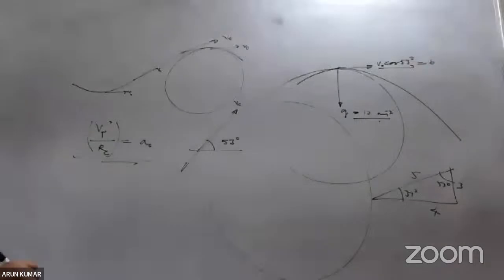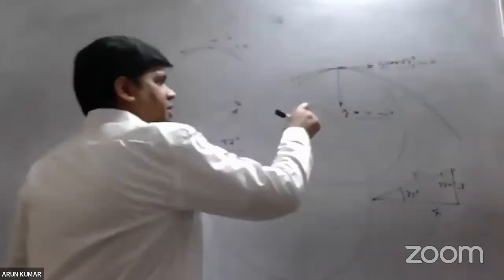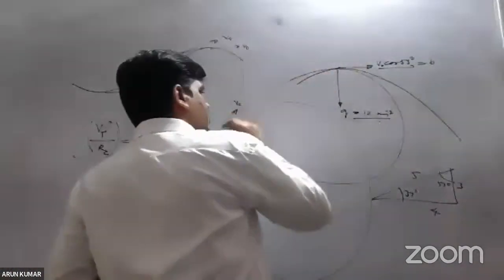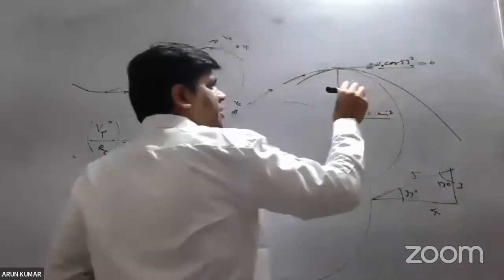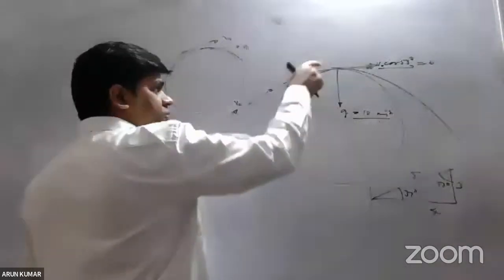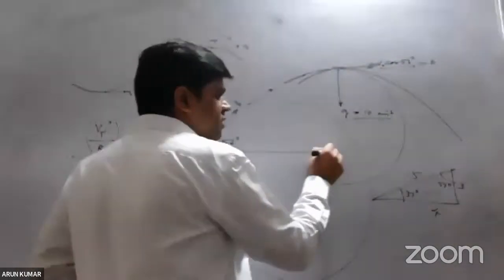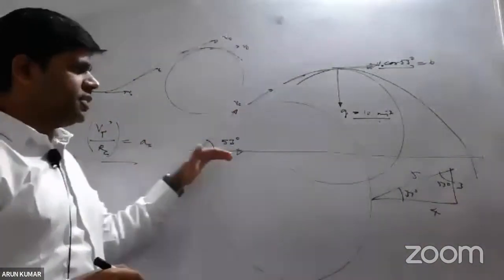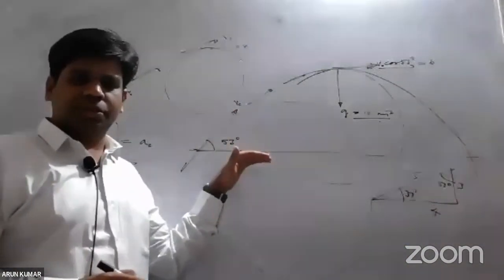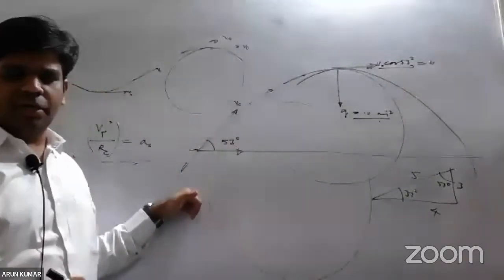Now, what happens here? Tangential velocity, let's say here it is V0, and it decreases. But at the peak point, its horizontal velocity is nothing but the tangential velocity over there, because horizontal velocity doesn't change in a parabolic path. Horizontal velocity doesn't change because acceleration is vertically downward.